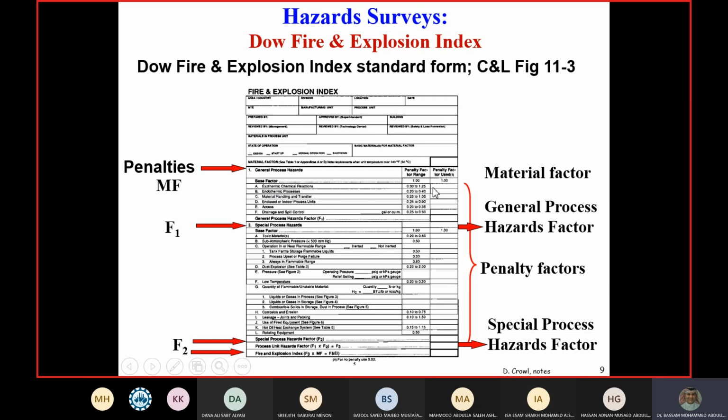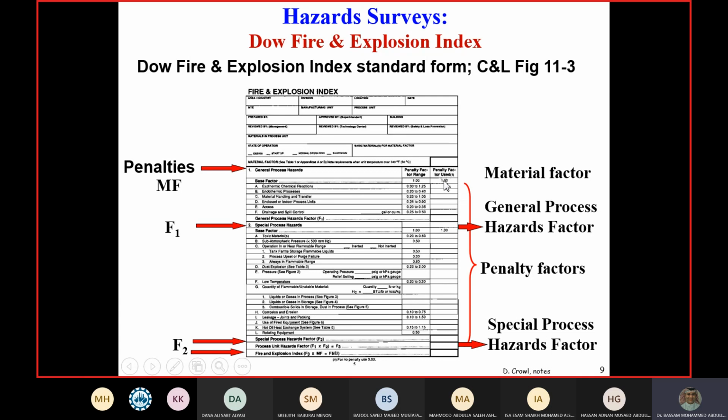I don't, so 0.2. Material handling and transfer: do you have clear procedures for that or not? Yes, I have, so 0.25. I may put a higher penalty factor if I don't have a good basis for all these details.